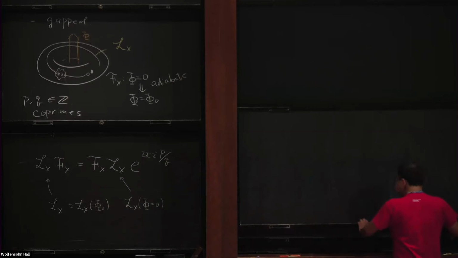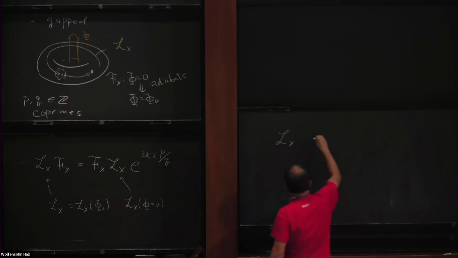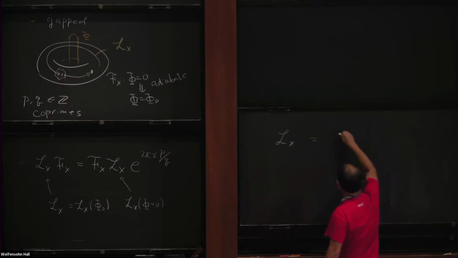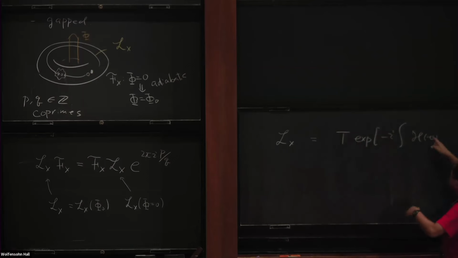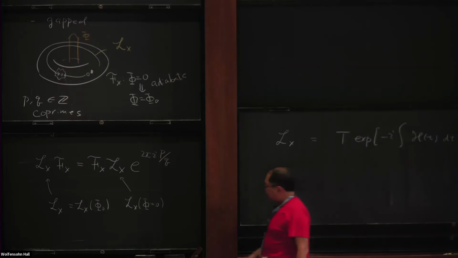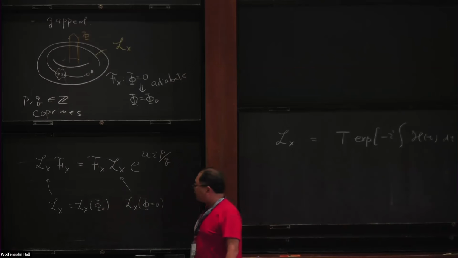So as I said, this Lx must be given by some time evolution with respect to some time-independent Hamiltonian. I don't specify the exact form of this, but you can introduce some potential perturbation or something, and you move the potential around. Then, as I said, the only difference between these two is the background vector potential.